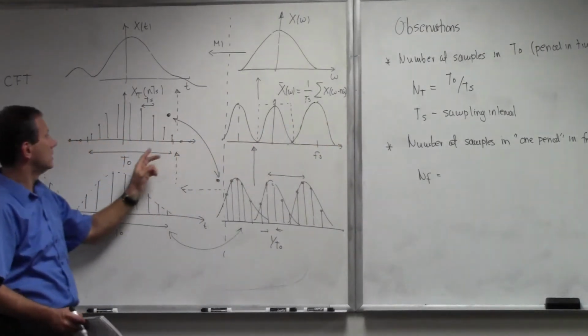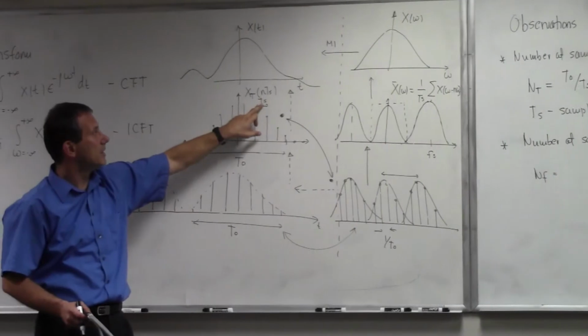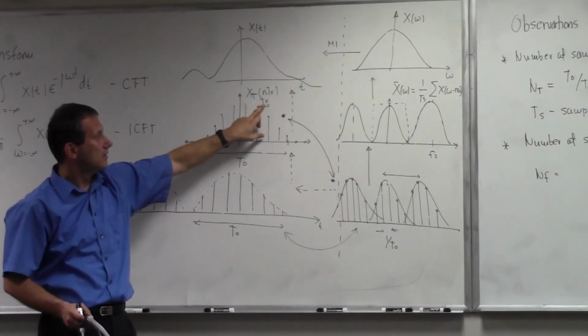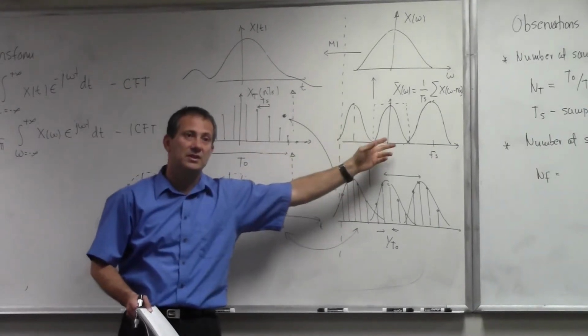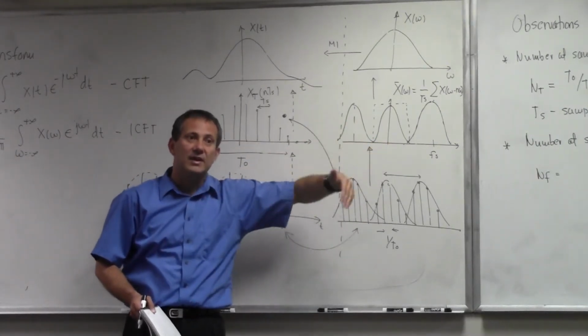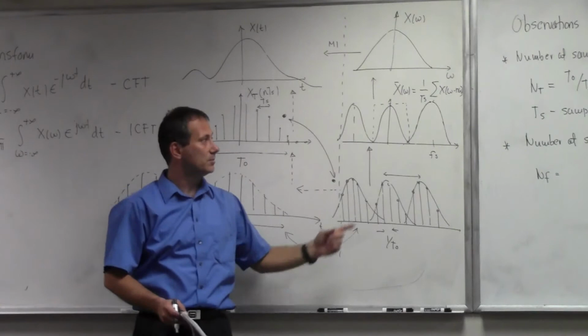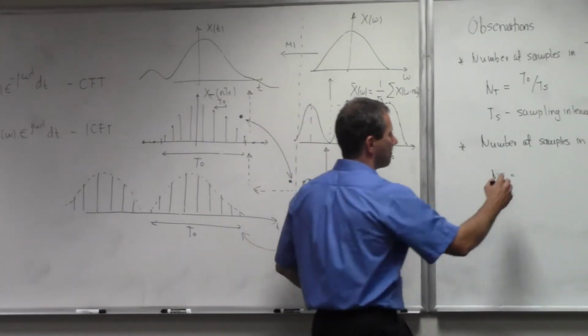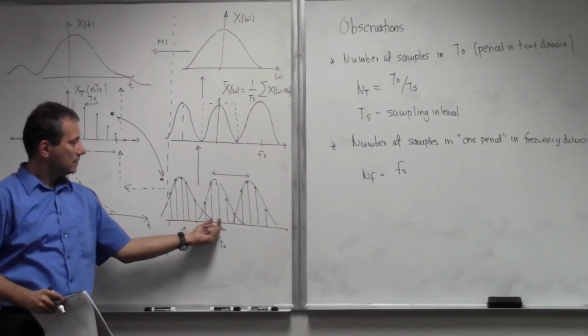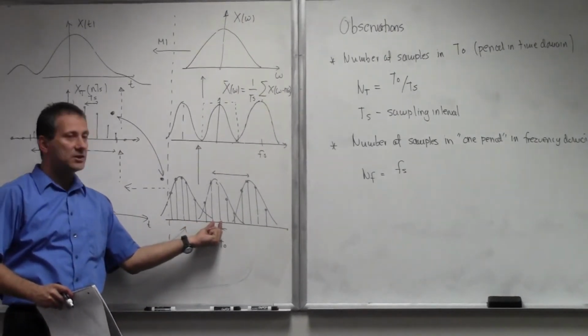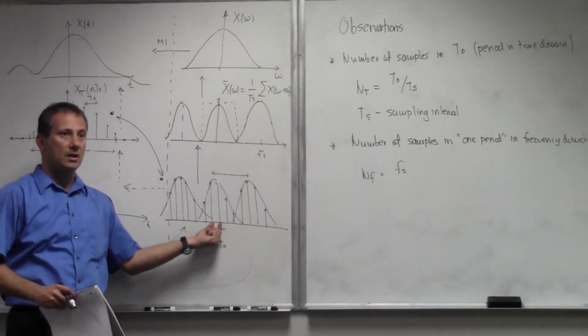So the sampling in the time domain at a rate of fs actually extends the signal periodically in the frequency domain. Every fs you have the replica, right? So the period is equal to fs. But what is the separation between these samples?